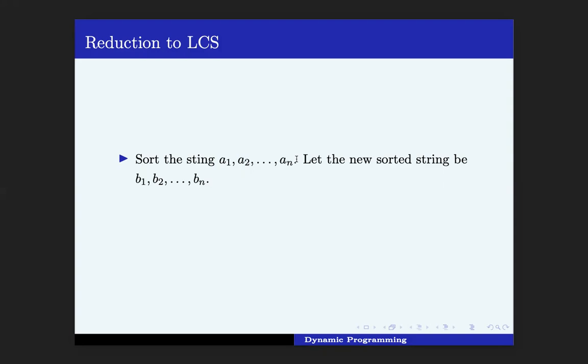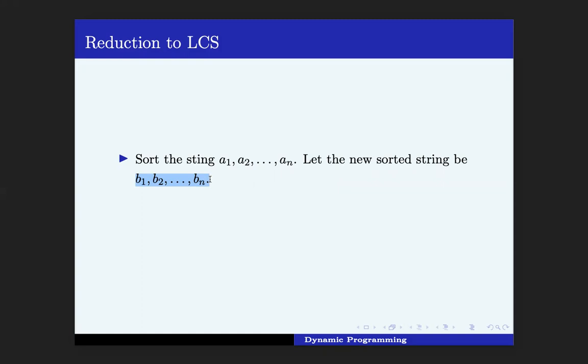On the other hand, if there exists a longest increasing subsequence here, that's an increasing one, so it also has to be a subsequence of B1 to Bn, and therefore it has to be a common subsequence of A1 to An and B1 to Bn.